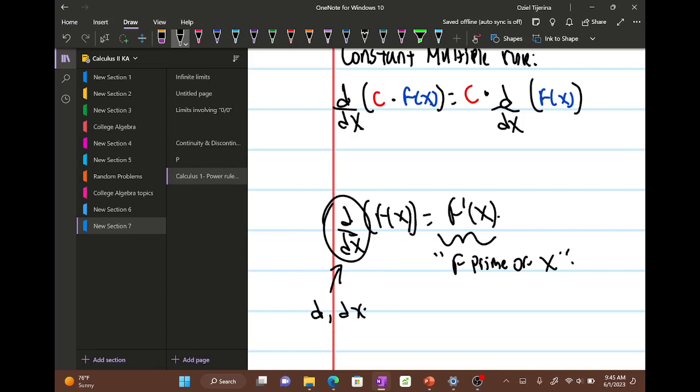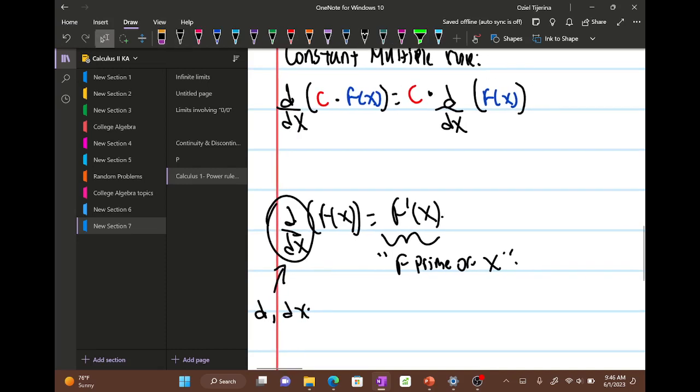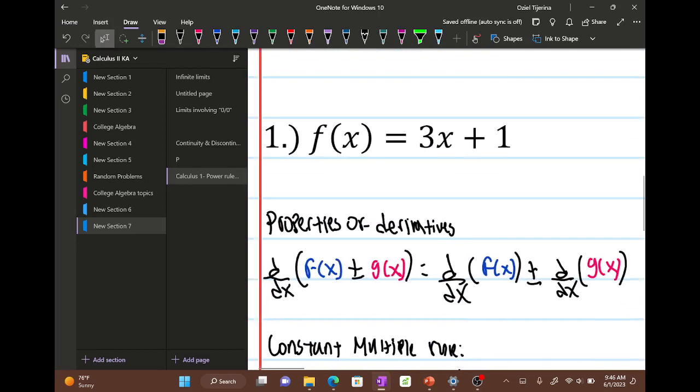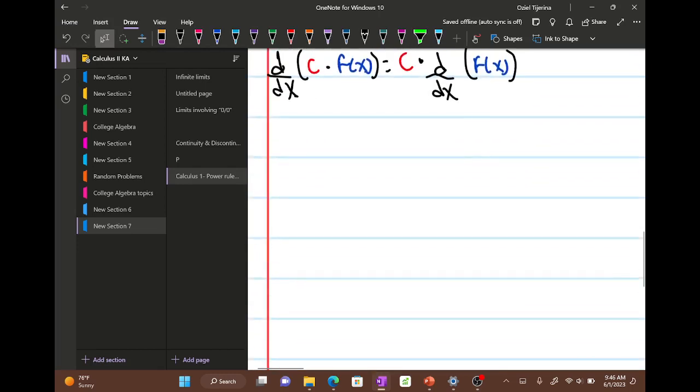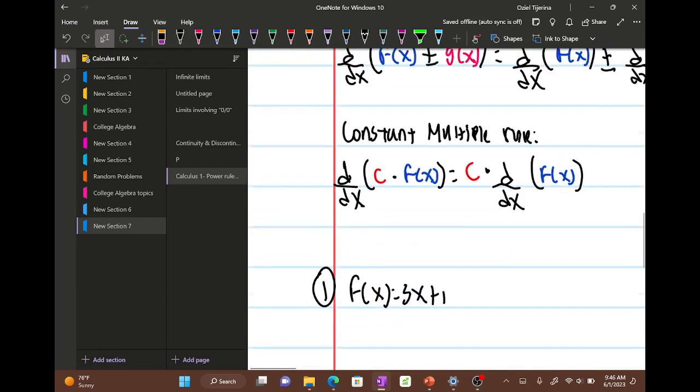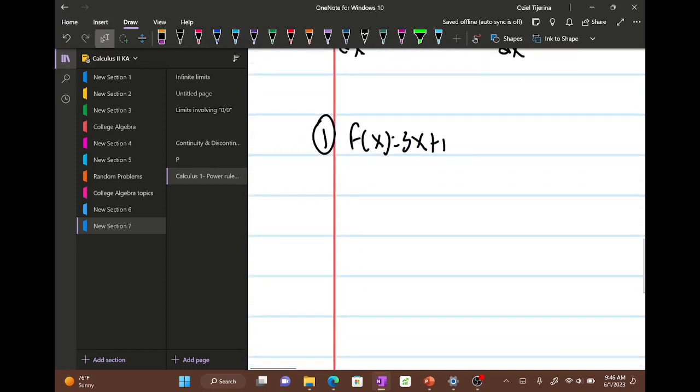That's basically how we say that. But anyways, we're going to do the first one. Using these rules, number one says f of x equals 3x plus 1, and we're going to find f prime of x.